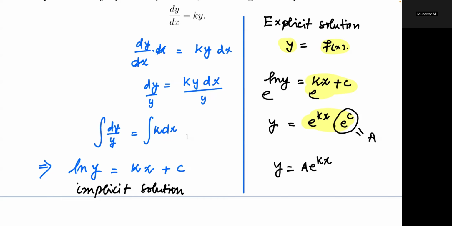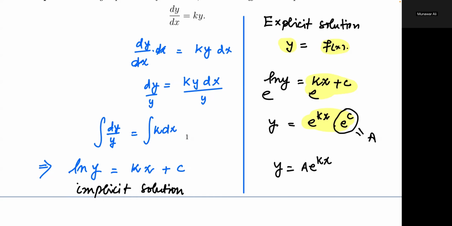Okay, so for example, if you choose the value of k to be 1, then the differential equation is dy by dx is equal to y. This differential equation says: give me a function y whose derivative is equal to the same function y.